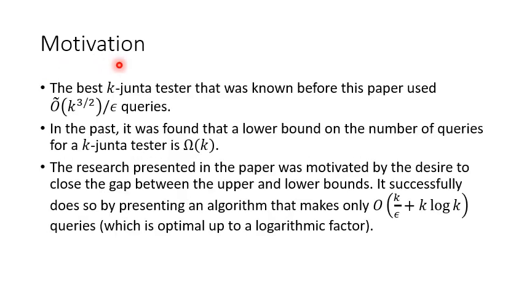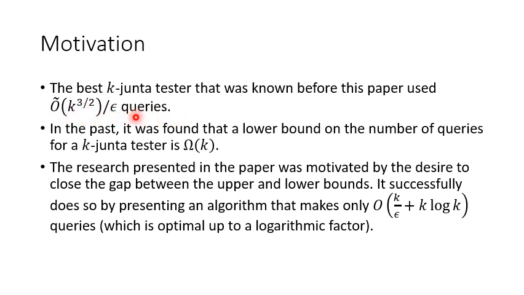Okay, so we have k-junta testers. They get a function and they determine if it is a k-junta or if it is far from being a k-junta, and we will measure their efficiency by the number of queries they make to the function. Before this paper was published, the best k-junta tester that was known used soft O of k to the 1.5, all over epsilon queries.